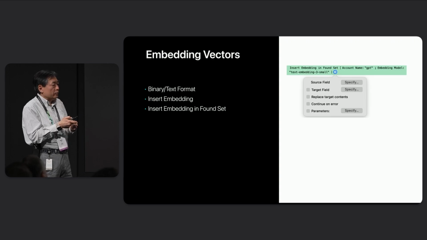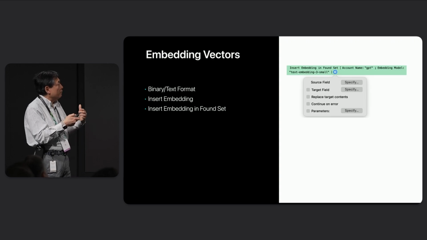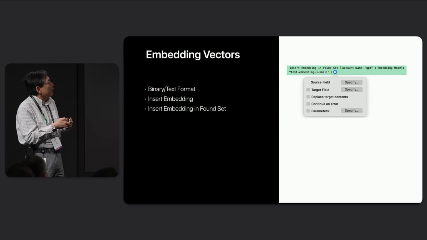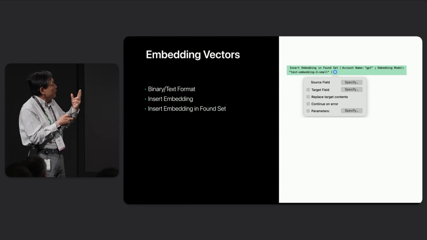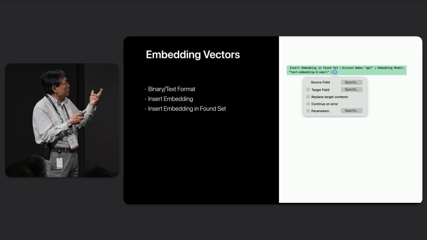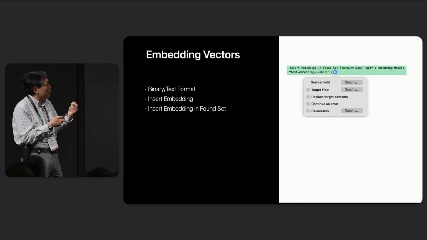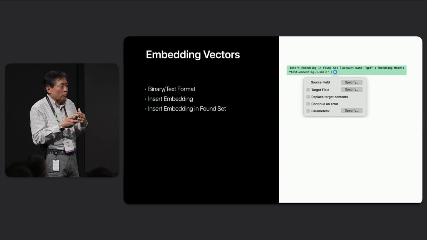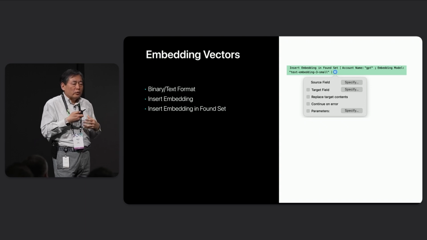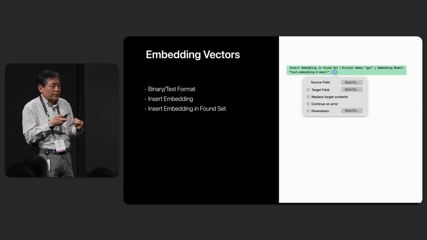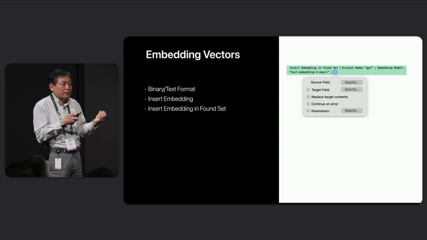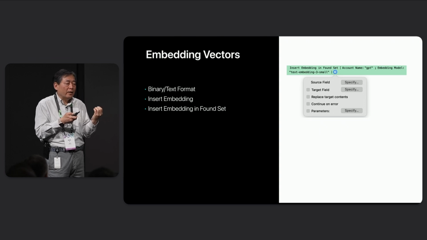And if you need to generate embedding for the whole table or found set, we have another one for you. The difference is there are a couple of options here. One is to replace target content, another one is continue on error. The thing is when you use this bulk mode to get embedding vectors from the LLM, most LLM servers are throttling, so sometimes you might get a failure.